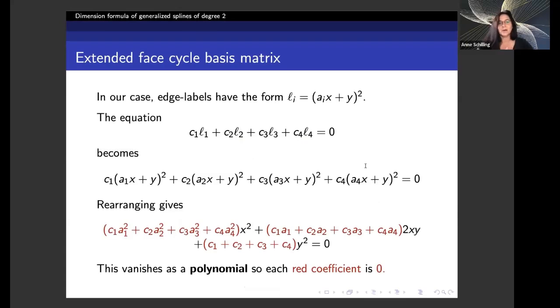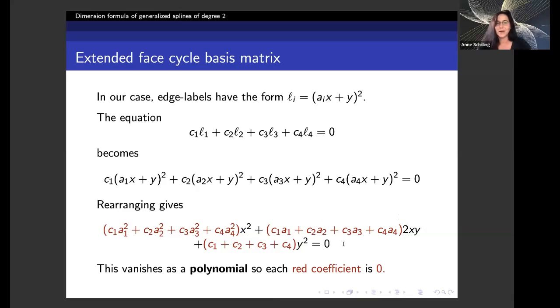And how do we now capture the conditions that we get? Well, remember that our edges are labeled by a_i (x plus y) squared. It doesn't really matter where you put the constant. And then remember, for a cycle, we get a condition that they have to add up to 0. If I plug in what our polynomial is, we get this equation. But you want that the coefficient of every monomial, so x squared, xy, and y squared, should be equal to 0.